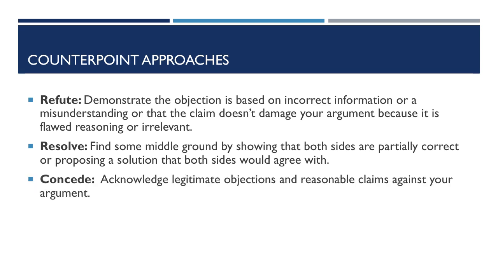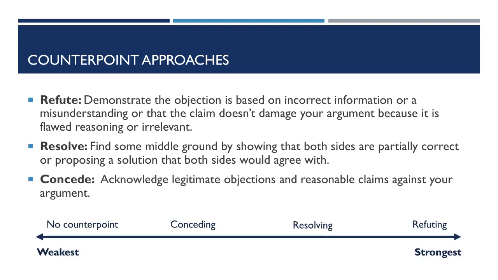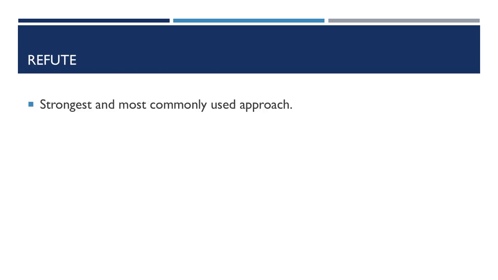Or you can choose to concede, which is where you acknowledge the legitimate objections and reasonable claims against your argument. Obviously having no counterpoint addressed is the weakest option. Then conceding and resolving are in the middle, and refuting is generally considered the strongest approach for employing counterpoints.